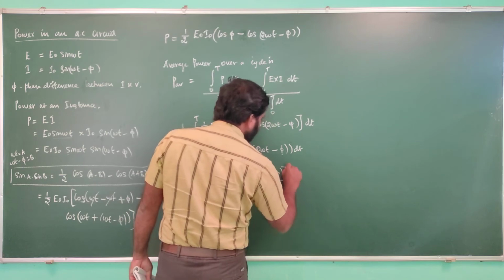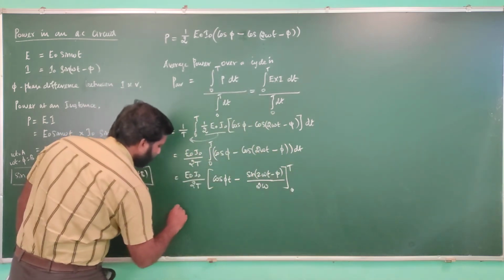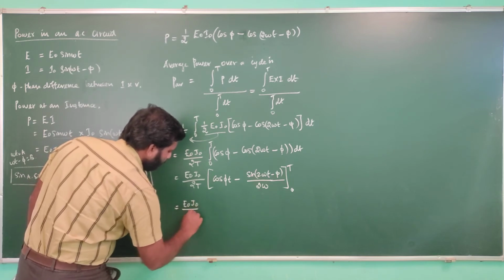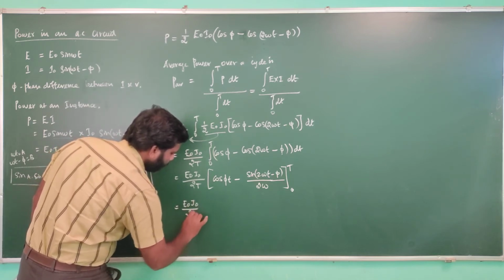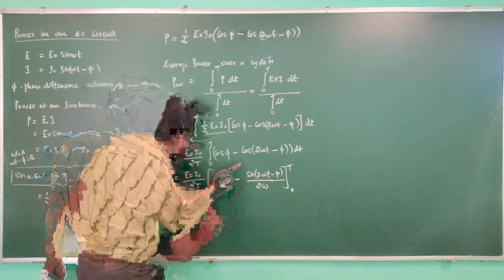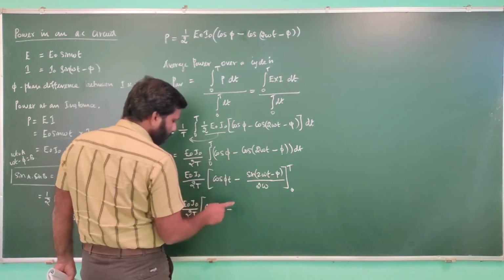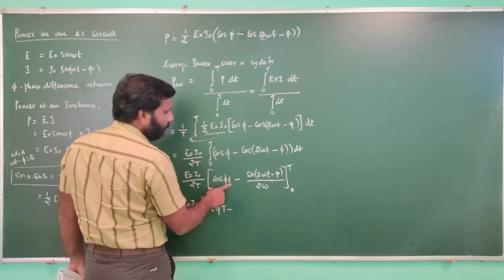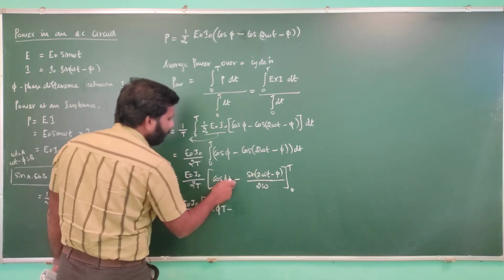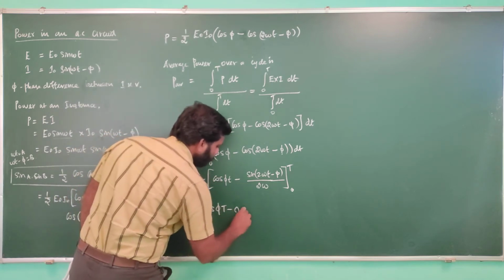Now we can apply limits. So E naught I naught by 2T, here we have to apply limits. In cos phi times t, in the place of t we apply capital T, then minus cos phi multiplied by 0, anything multiplied by 0 is 0.